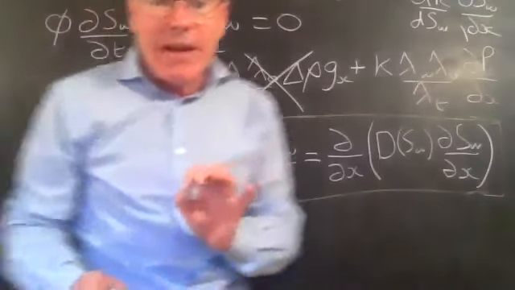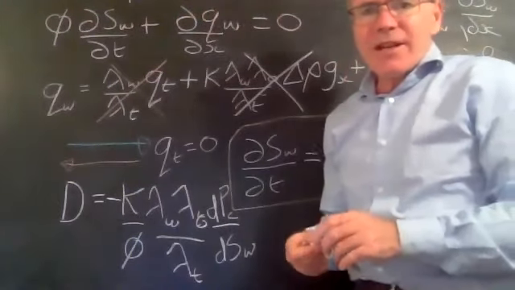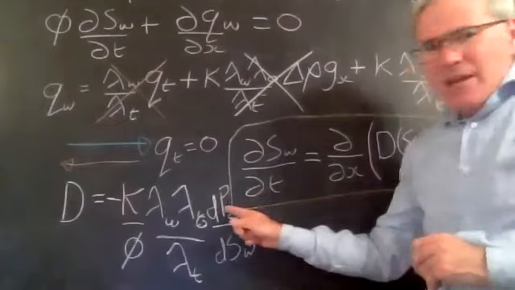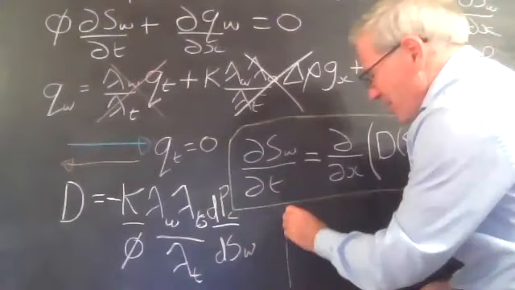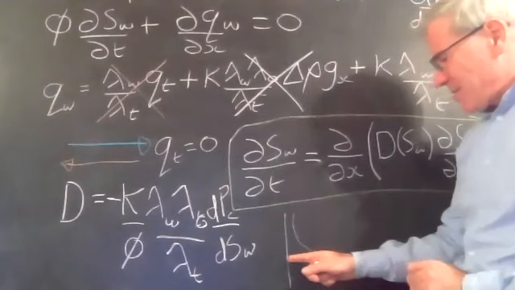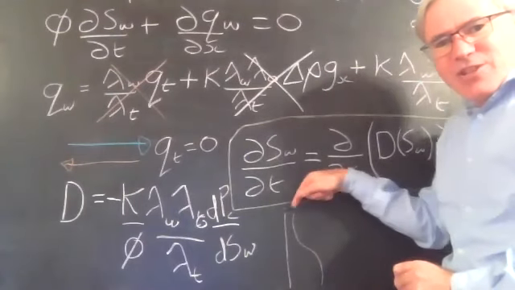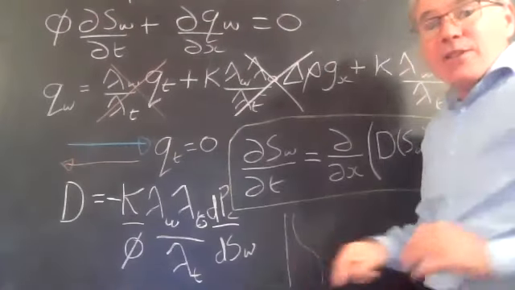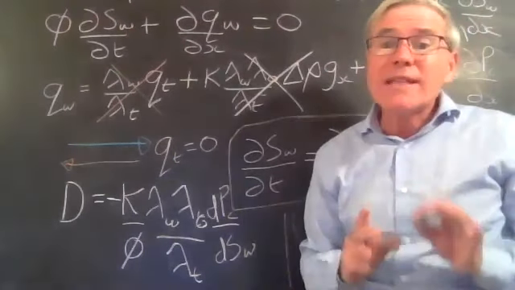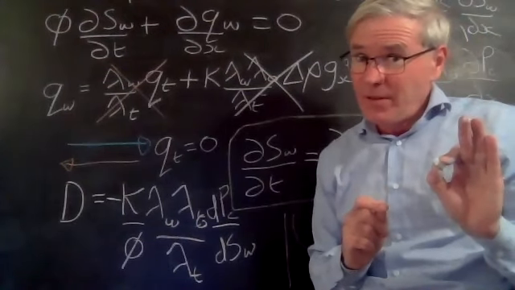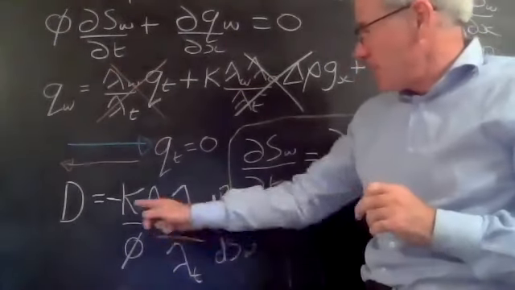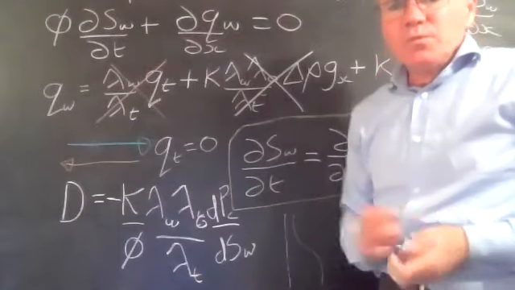The reason why it's okay is, let's think about these terms. dPc by dS, remember our capillary pressure? Saturation increases in this direction, capillary pressure goes down. So dPc by dS is always negative. So this is our equation.